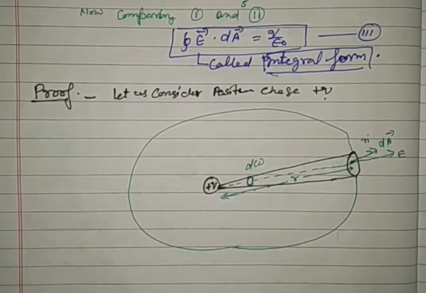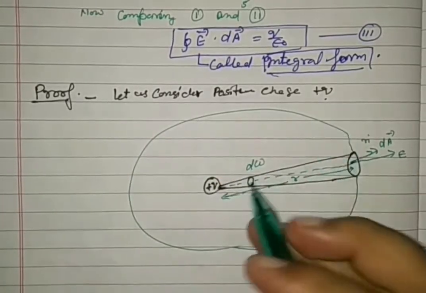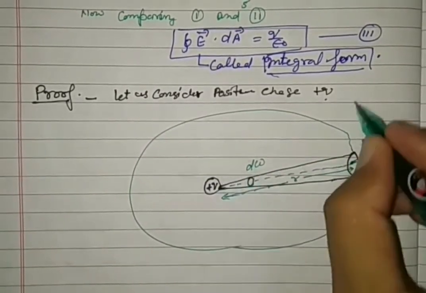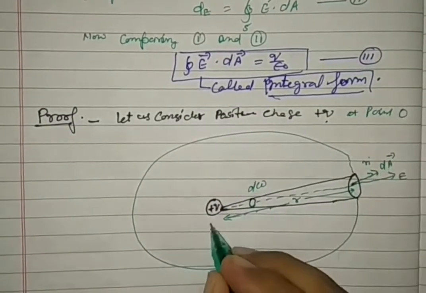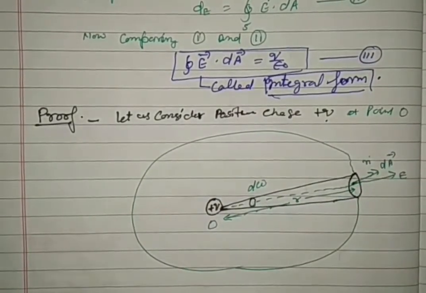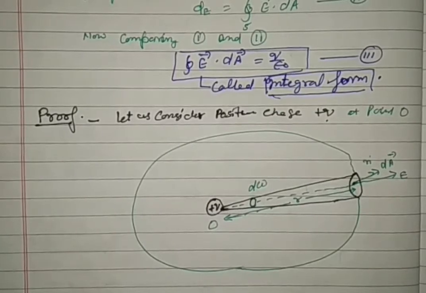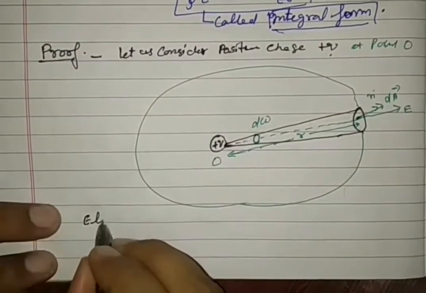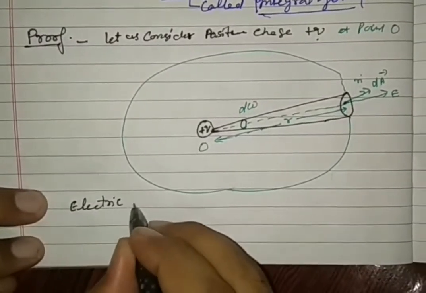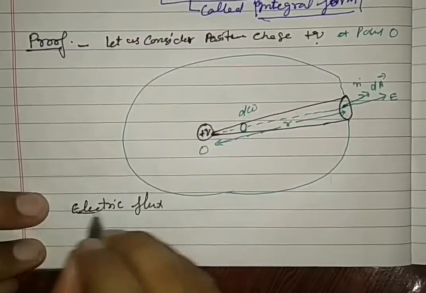We are going to see, let us consider a positive charge at this point, at point O. Now we are going to see what is electric flux at this place.